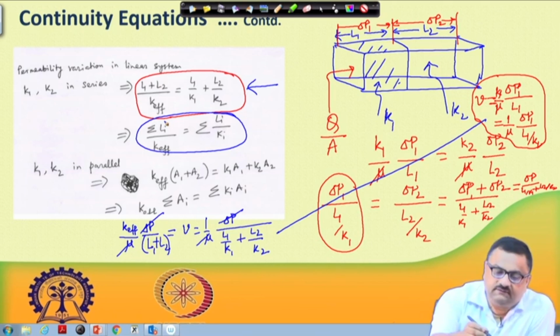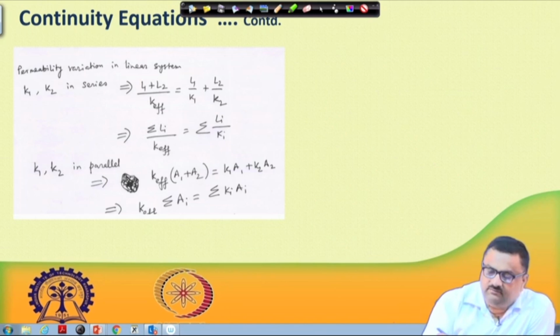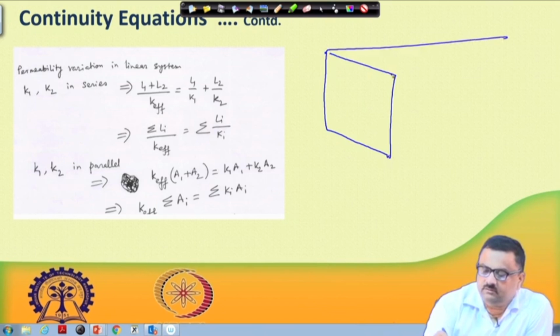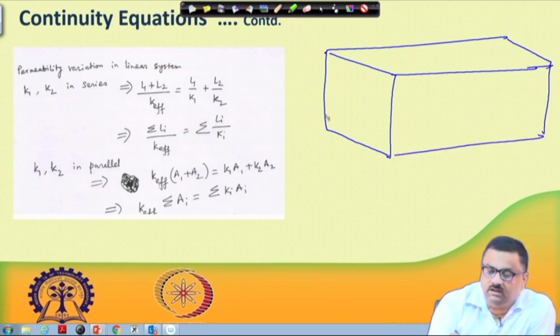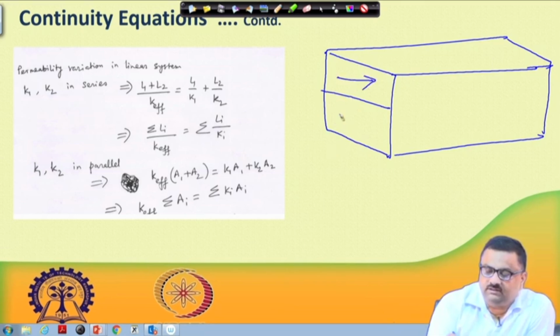As I pointed out, you have this porous bed, out of which one section has permeability K1 and the other section has permeability K2.